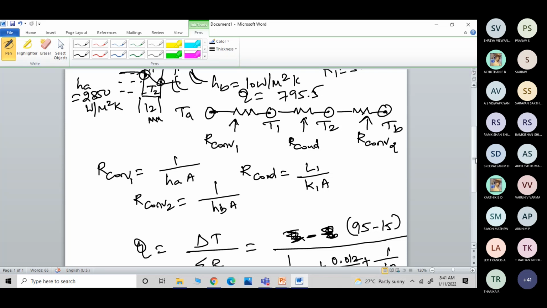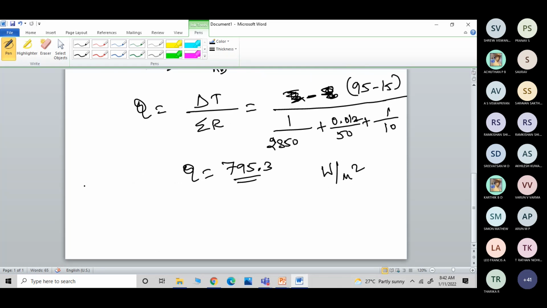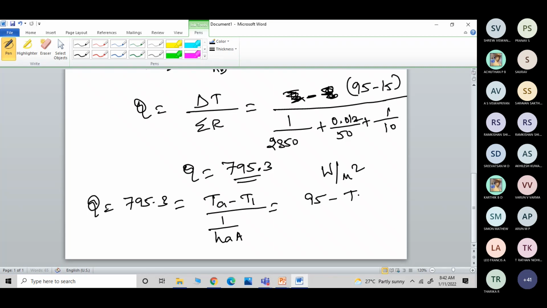So Q equal to 795.3. Taking the first resistance alone, it is equal to TA minus T1 divided by 1 by HA into A. Okay, so TA we know is 95 minus T1 divided by 1 by 2850.